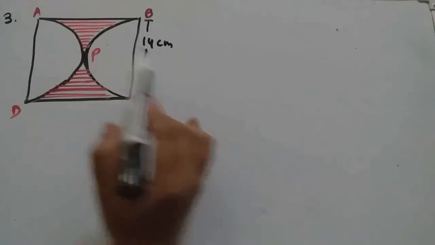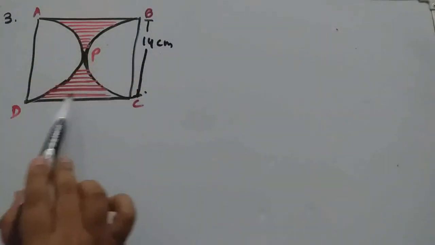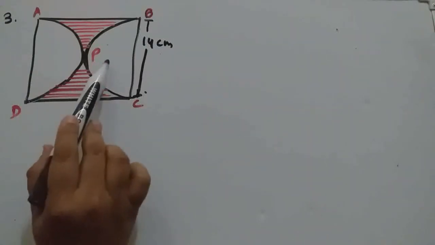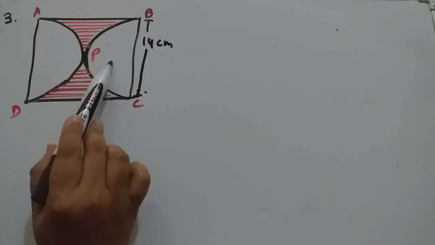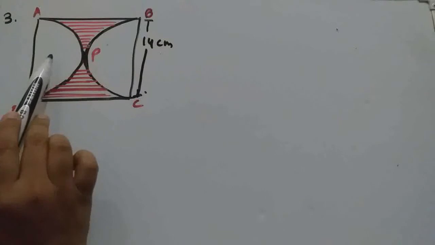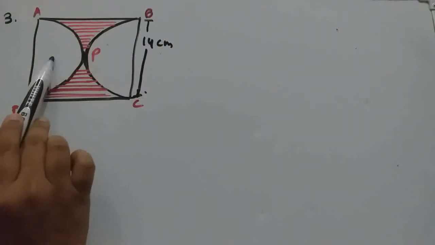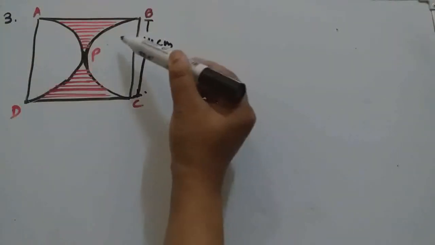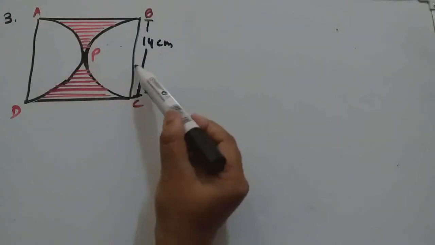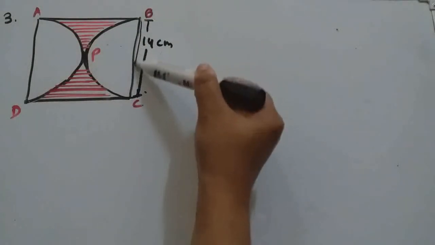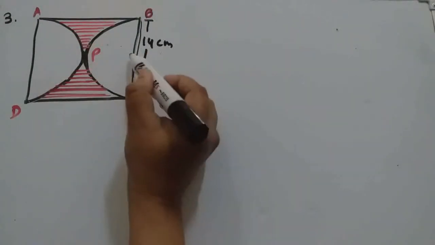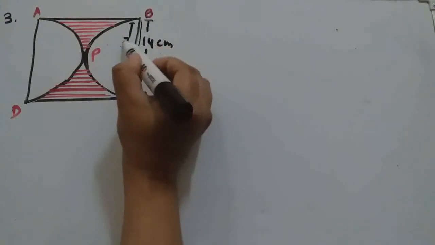So what we can do, we can find the area of the square, and we can subtract the area of semicircle BPC and the area of semicircle APD. But if you observe, for both the semicircles the radius will be the same, isn't it? Since this complete side is 14, the radius will be 7.